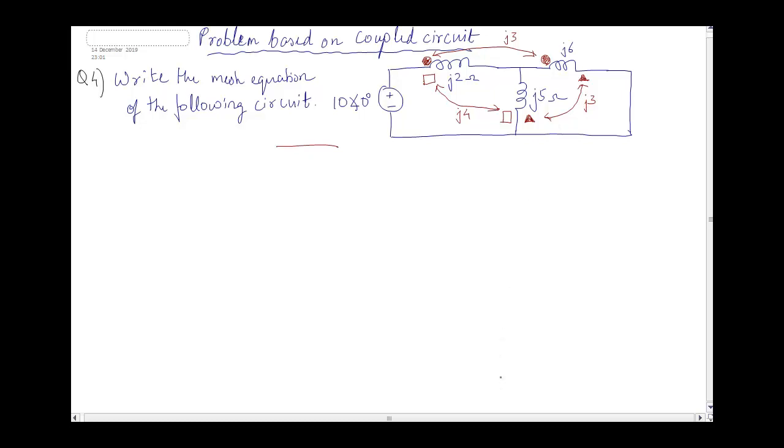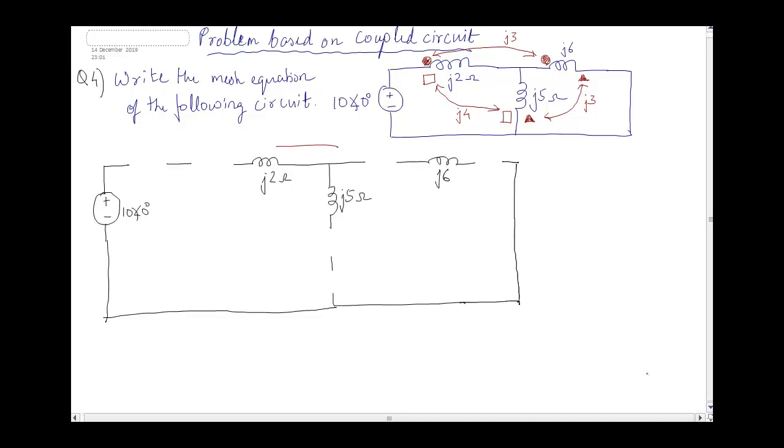So let us first start by drawing the circuit again. Now I have left gaps for these two dots here, and for these two dots on either side of J6, this one and this one. I have left the gaps here, as well as for these two dots under J5, I have left the two gaps here.